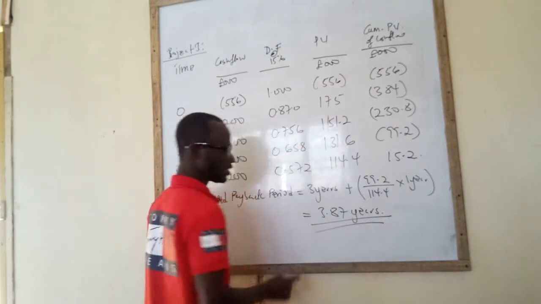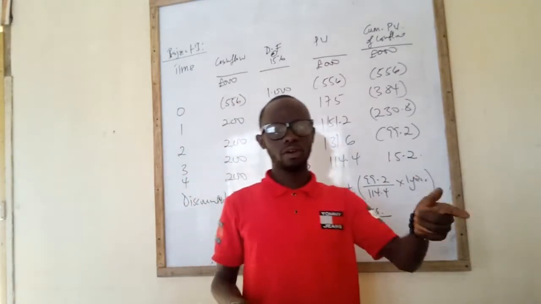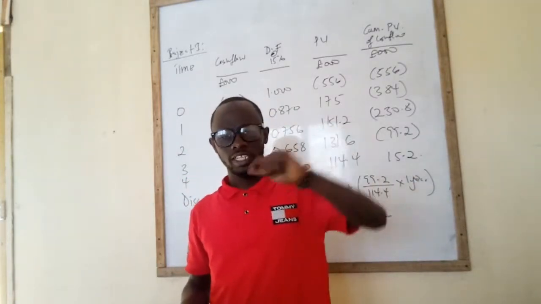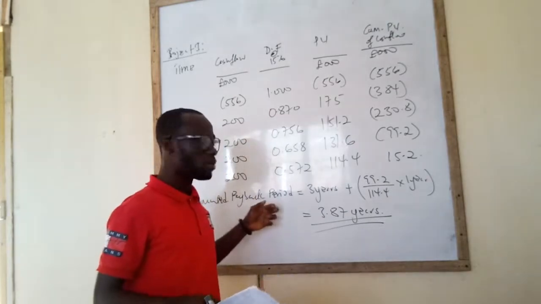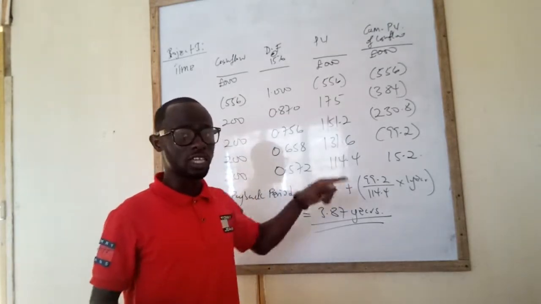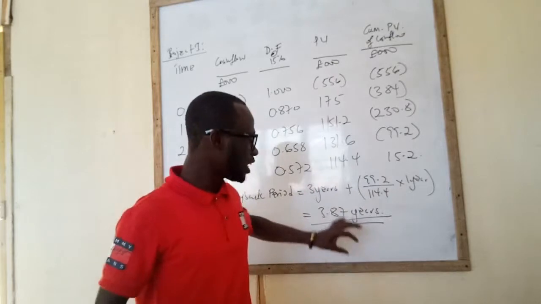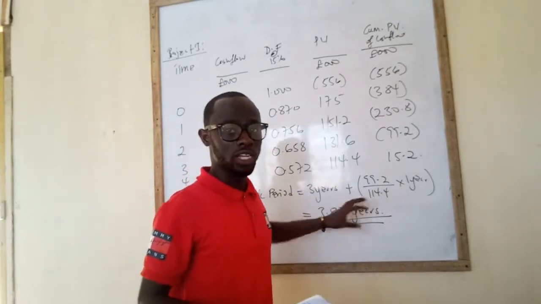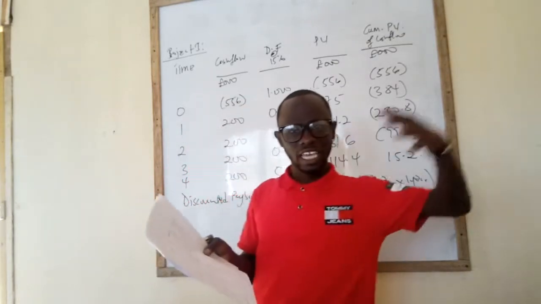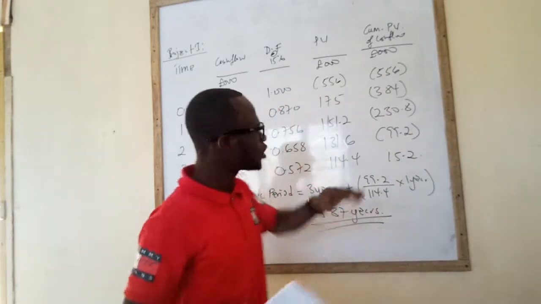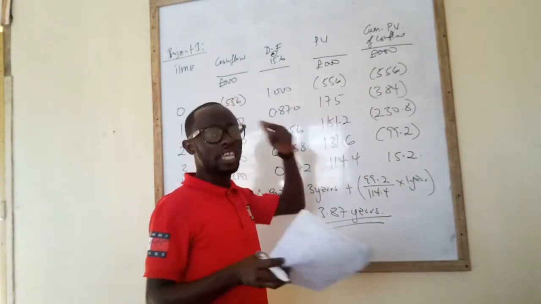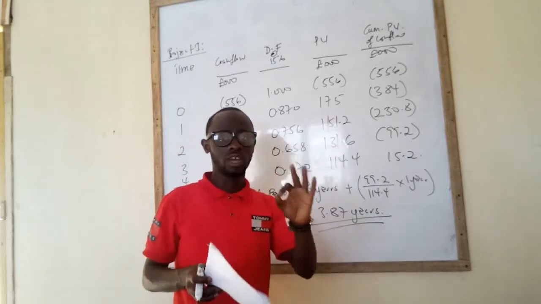So you see that when we were using the payback period, we got 2.78. But when we are using the discounted payback, we are now getting 3.87 because right now we are taking into consideration the time value of money. So you could see that the project is taking longer time to actually derive what? The income, which is actually what we are supposed to do, taking into consideration the time value of money.